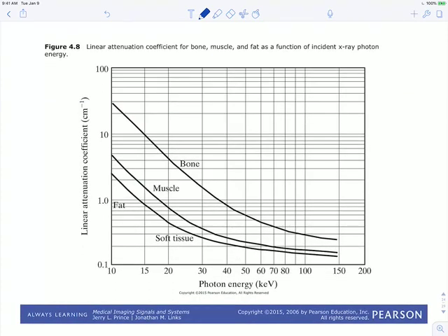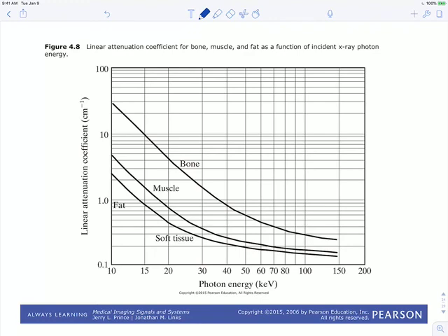So what we are going to end with is setting you up with a problem to think about, and on Wednesday we'll start off with a poll to see what you thought about it. This is showing you the attenuation coefficient of bone, muscle, soft tissue, and in this case, fat.